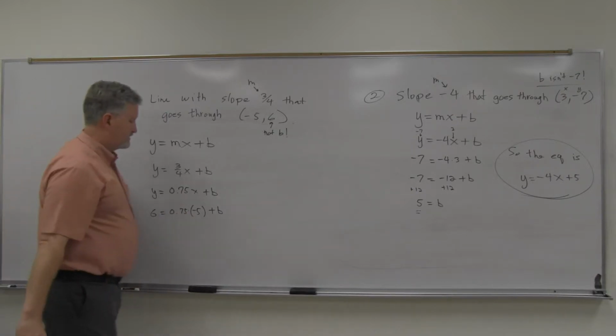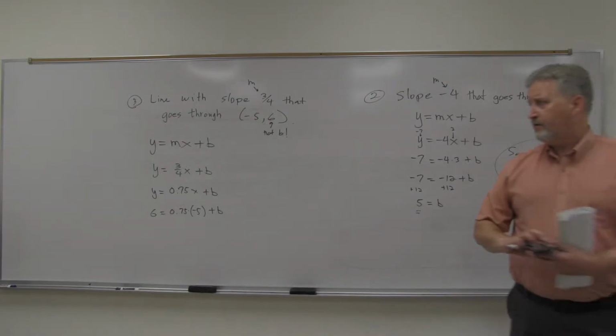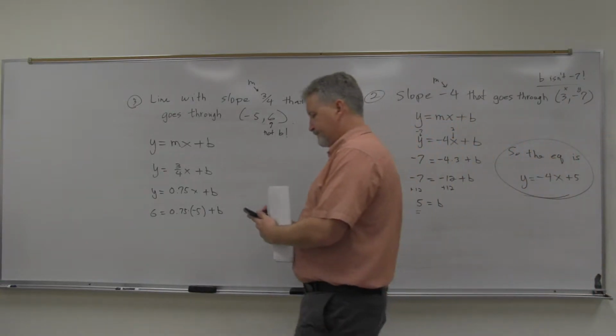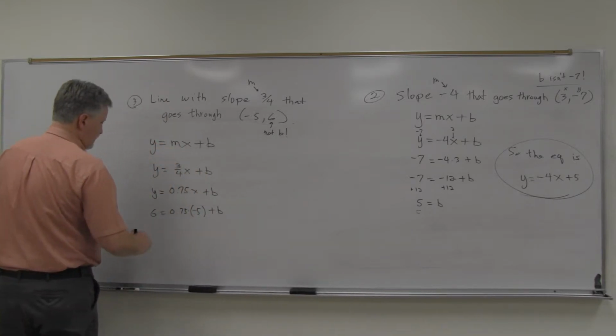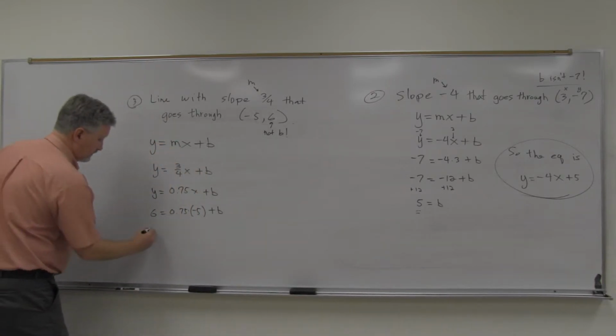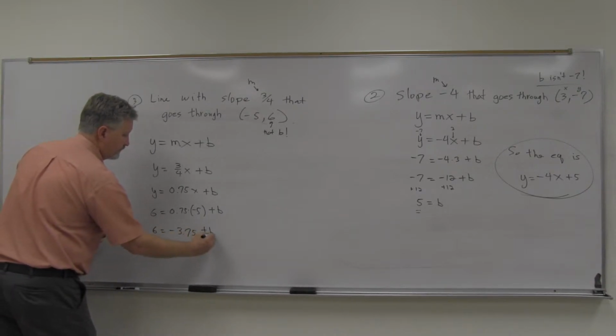And of course, that's 0.75 times -5, and when you do that, you get -3.75. Is that what you get?